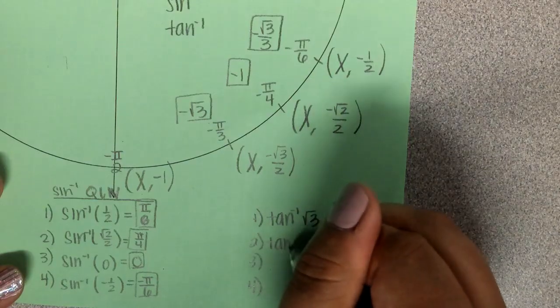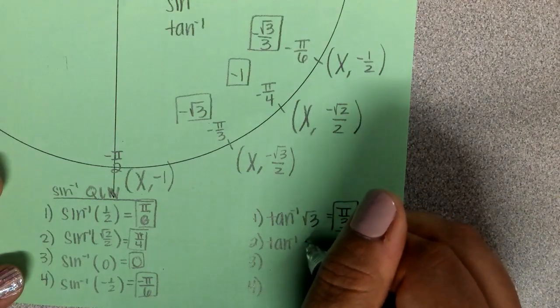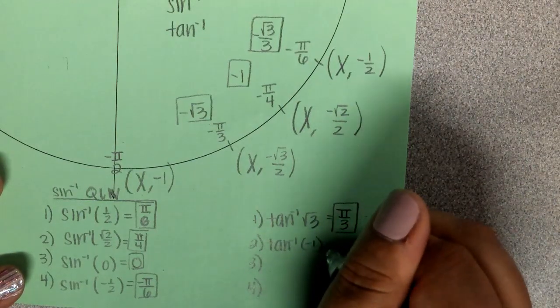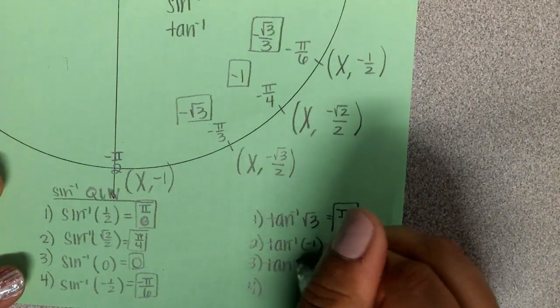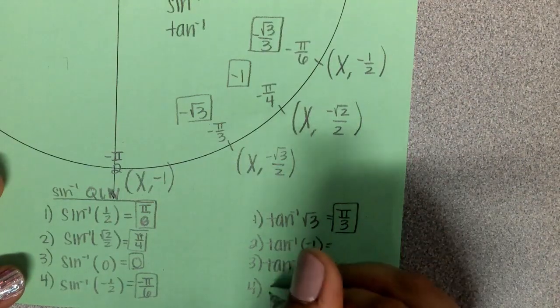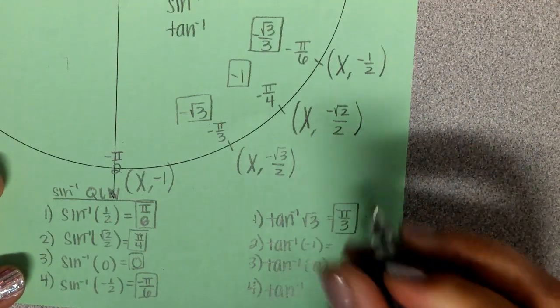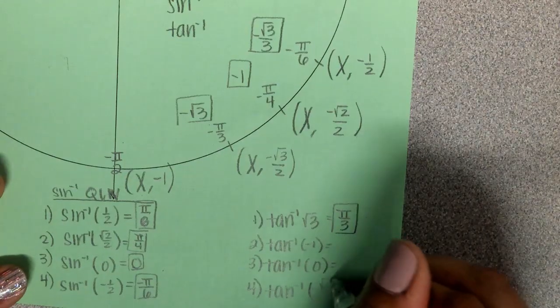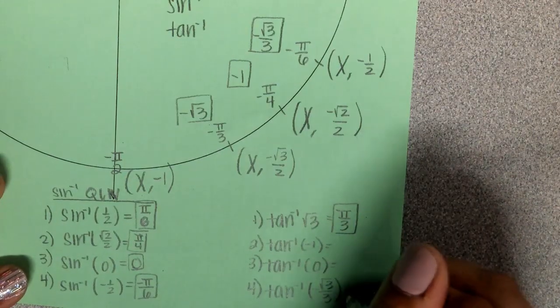What is the inverse tan of negative 1? The inverse tan of 0. And the inverse tangent of negative square root of 3 over 3.